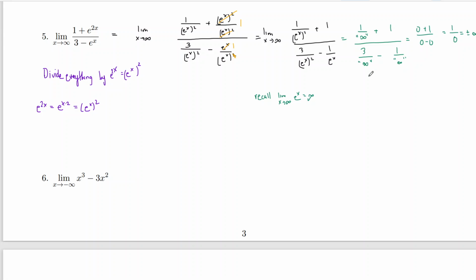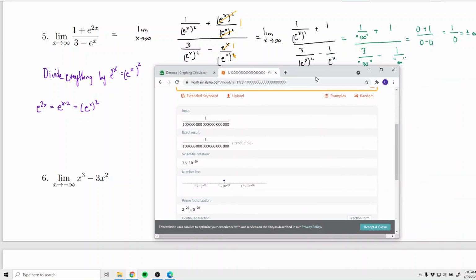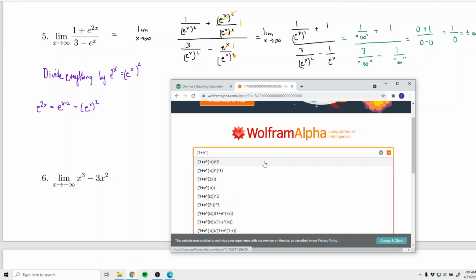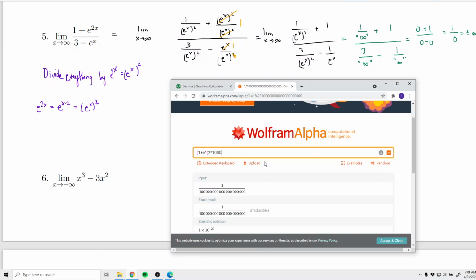And we've already established how we determine which one it's going to be. From the previous example, let's go ahead and do that. What we've got to do is plug in a big number, because we're going towards infinity, and see which one it's going to be. Let's say we have 1 plus e raised to the 2 times, let's do 1,000, divided by 3 minus e raised to the 1,000.